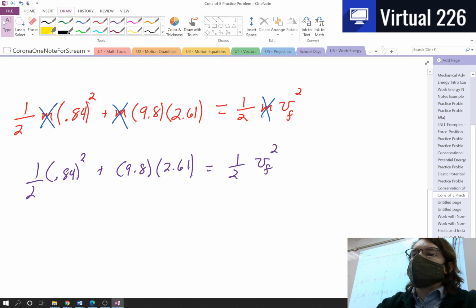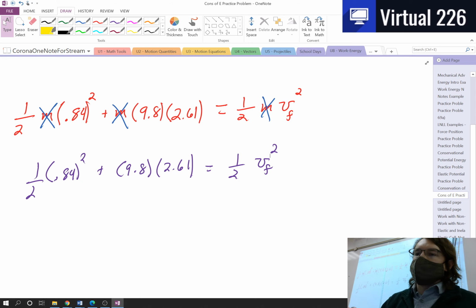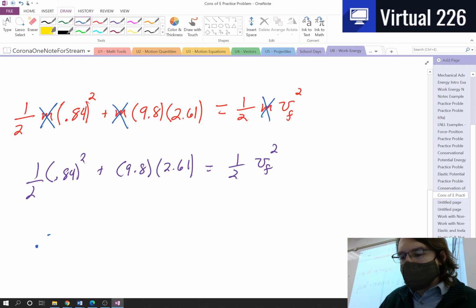And at this point, we are just shoving in numbers to solve this problem out. Let's get that 0.84 squared. That's 0.7056, and then divide that by 2. So we get, let's just say, 0.35. 9.8 times 2.61, let's just call that 25.58.